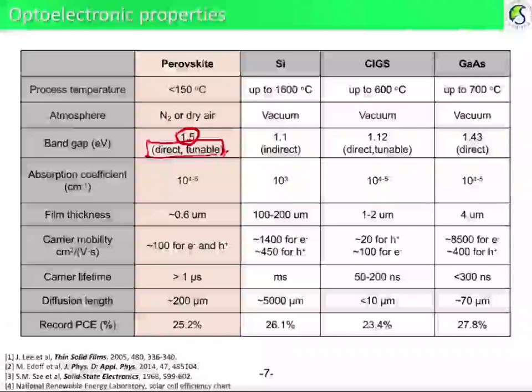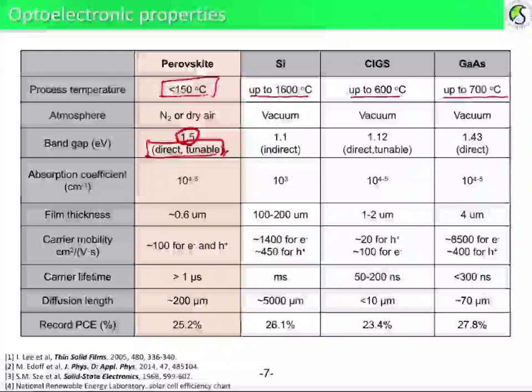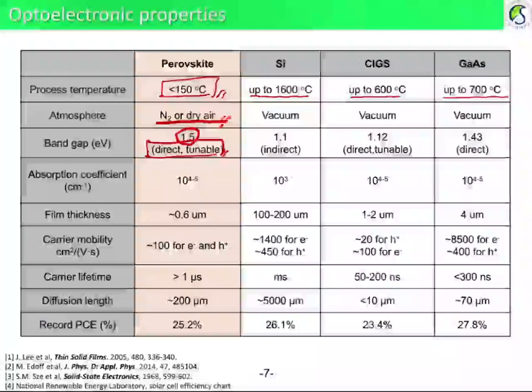And compared to other materials, which are fabricated at very high temperature, perovskite material can be fabricated at relatively lower temperature, and it can be processed under nitrogen or dry air atmosphere.